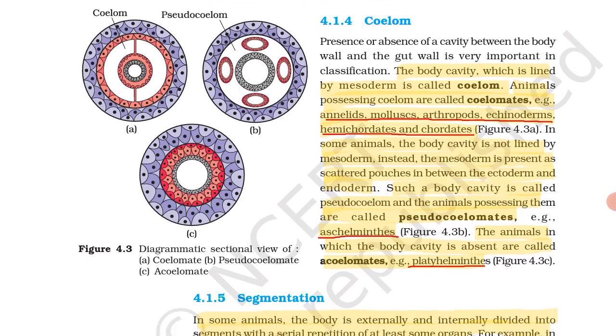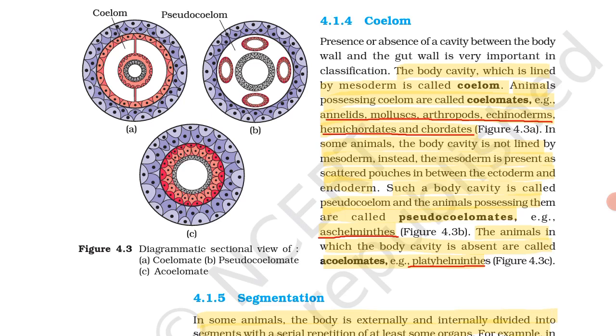Example, Aschelminthes. See figure 4.3b, the B diagram: the body cavity is not lined by mesoderm.